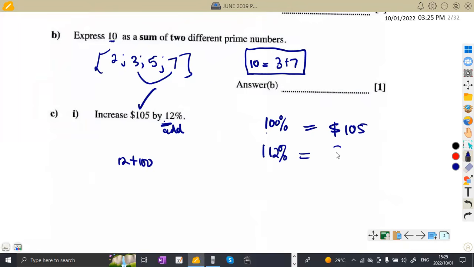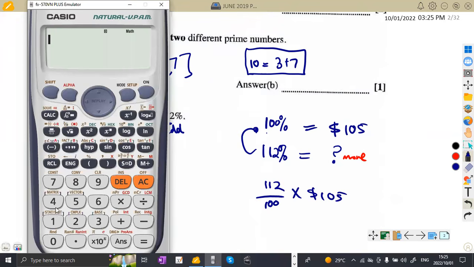So what is the equivalent now of this 112%? You can use a simple proportion. So we're going to have 112 over 100 multiplied by $105.